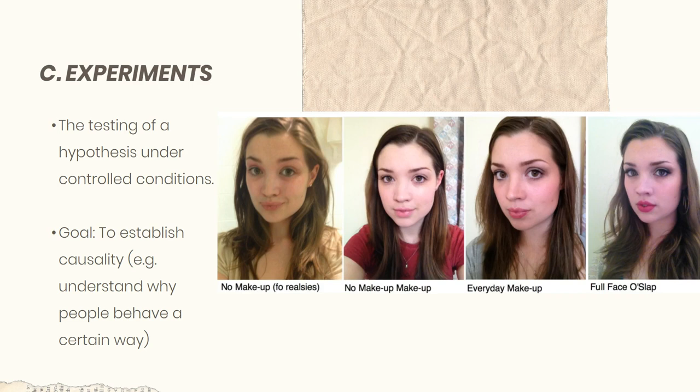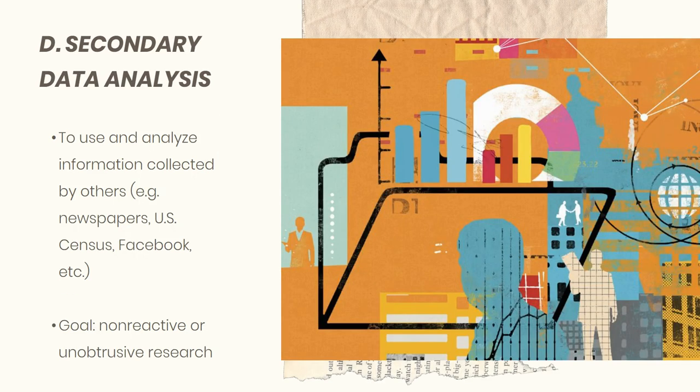So again, one variable has changed, which is her makeup, and that would be the independent variable, and the dependent variable is how people would relate to her based on how much makeup she is wearing. So this is an experiment, and it's a fun experiment, but I thought that it hopefully illustrates to you what an experiment is.